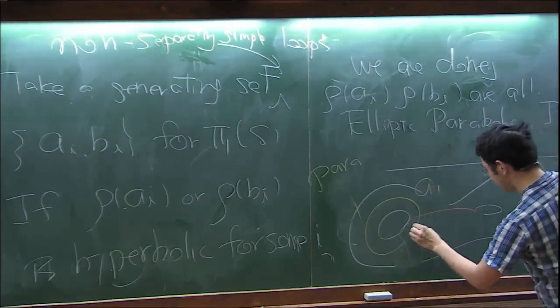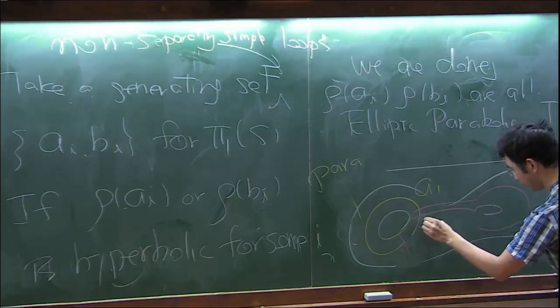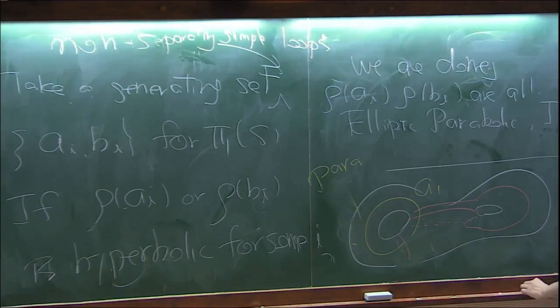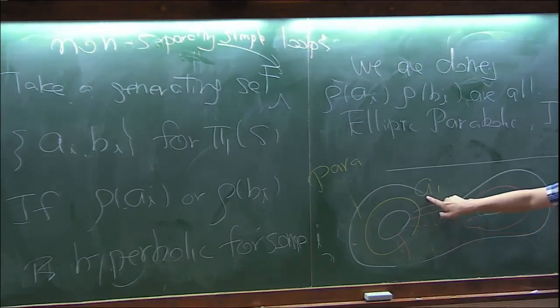This loop goes around here, and then twists around one of the nearby ones and comes back. This is a generating set for pi 1 of the surface. So all are non-separating. I find a generating set consisting of loops intersecting this parabolic loop.